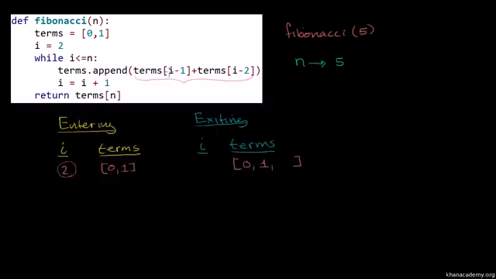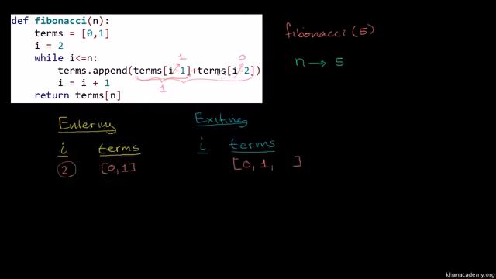In this situation, what is i minus 1? Well, i is 2. So in this situation, i minus 1 is going to be 1. And i minus 2 is going to be 0 as we go through this iteration. So the first term in terms, this is the 0th term, this is the first term, is literally a 1. So this whole thing is 1.